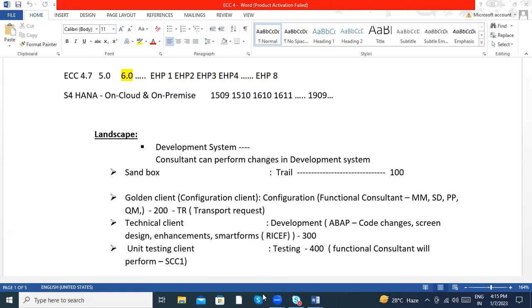Are you writing anything? I'm unable to see it. Okay, you are not able to see my screen. Okay, now? Yeah, I can see.